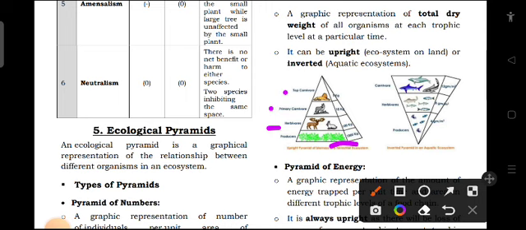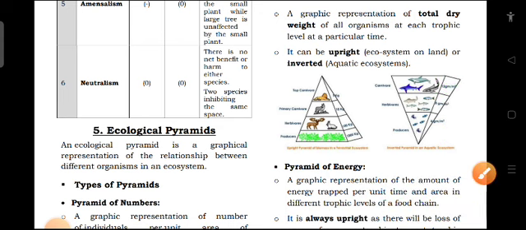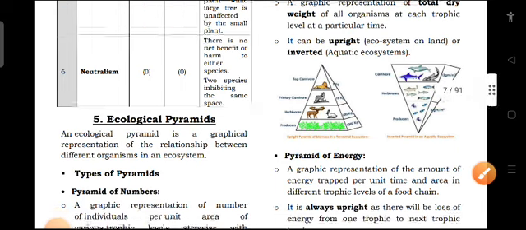In the aquatic ecosystem, we have producers in an inverted format. Like we have fewer plants in water, more small fish and a greater number of large fish. So this is calculated based on total dry weight.